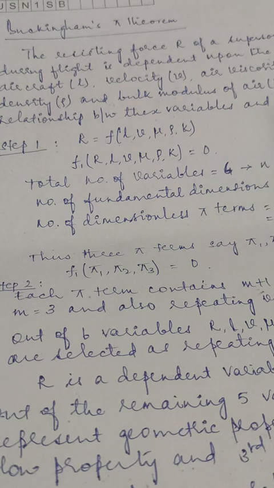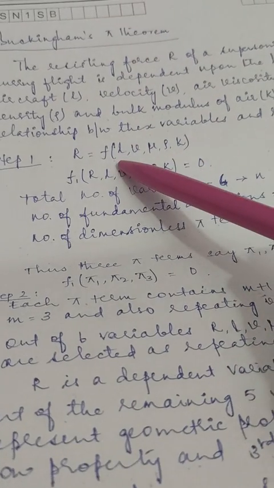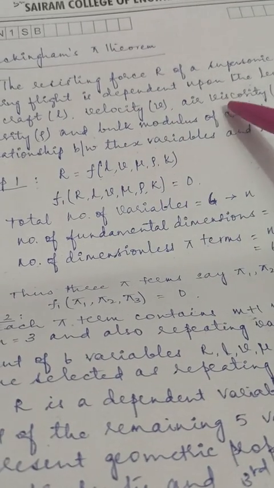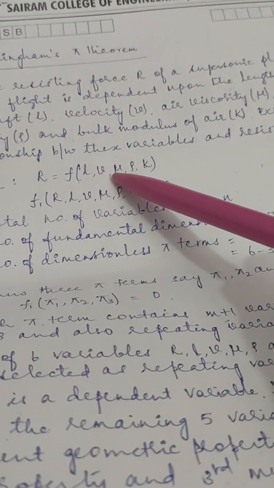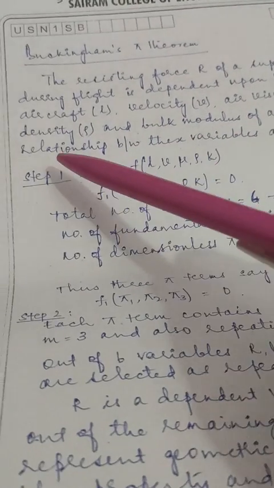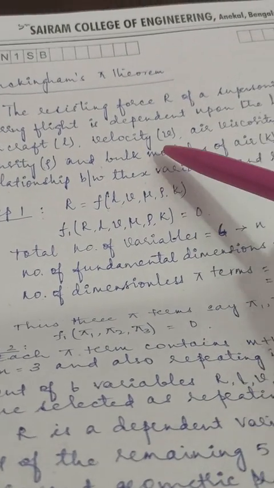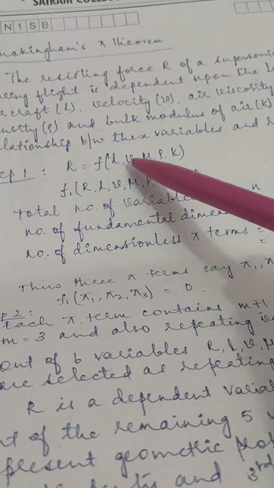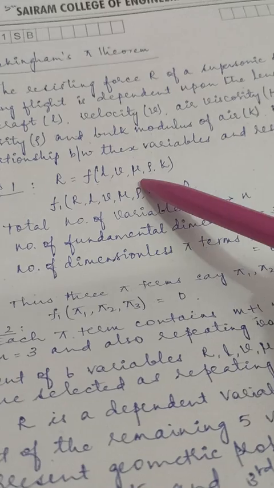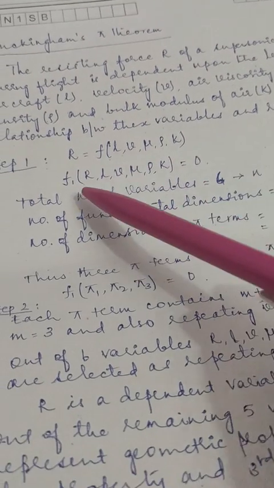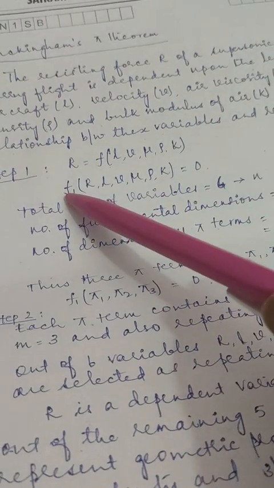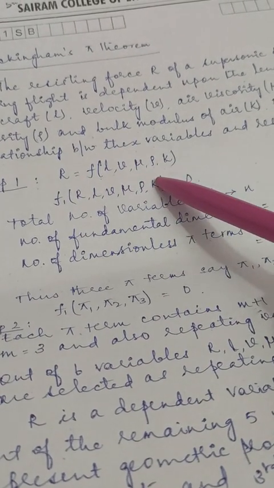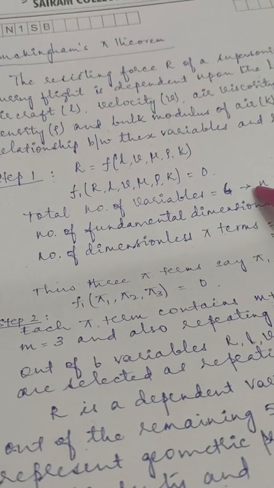It depends on the other variables like length of the aircraft L, velocity V, air viscosity mu, air density rho, and the bulk modulus of air K. So we say that R is a function of L, V, mu, rho, K. This relation will be rewritten as f of R, L, V, mu, rho, K is equal to 0.